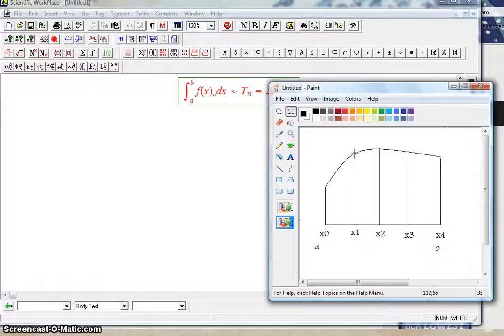So it gets counted with 1/2 from the average, but it gets counted twice. So everybody in here gets counted just as normal, as if it were one of the left or right endpoint methods. The only exceptions are the far left, x0 or a, and the far right, xn, in this case x4, or b, which only get counted with a 1/2.